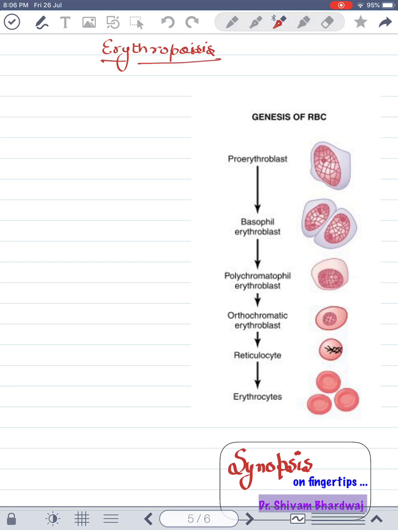The stem cells, which are also the hemopoietic stem cells, form CFU-blast, as we discussed. These will be forming the CFU erythroblast.